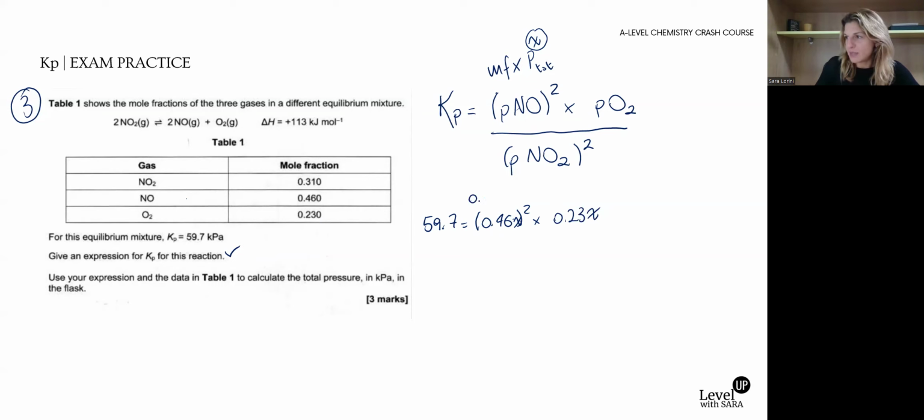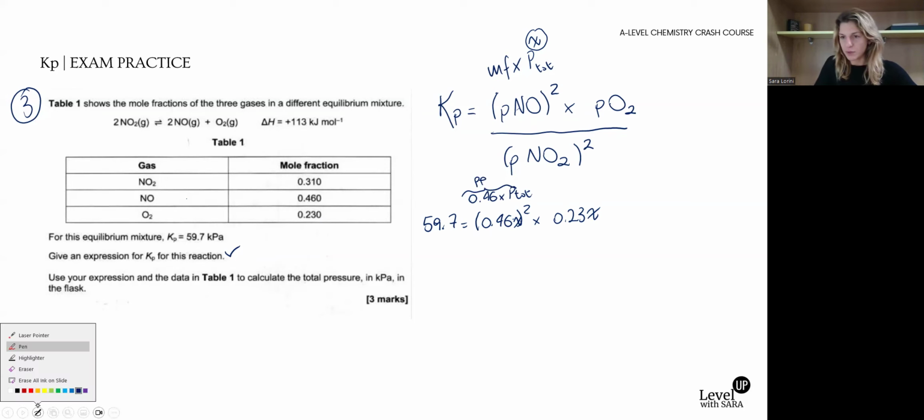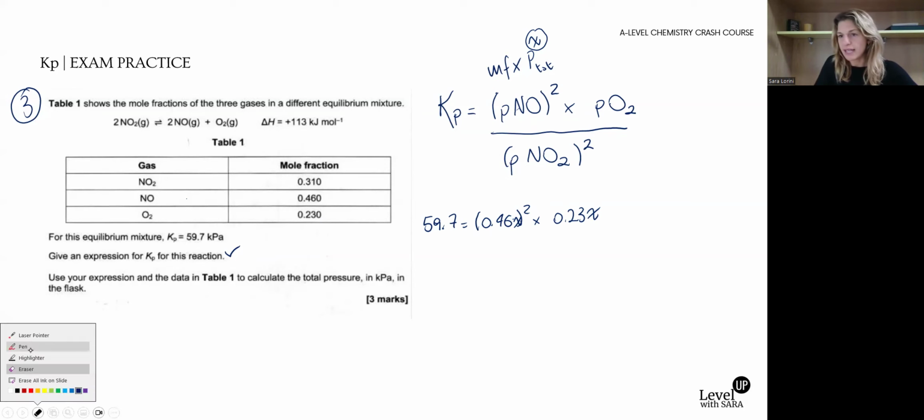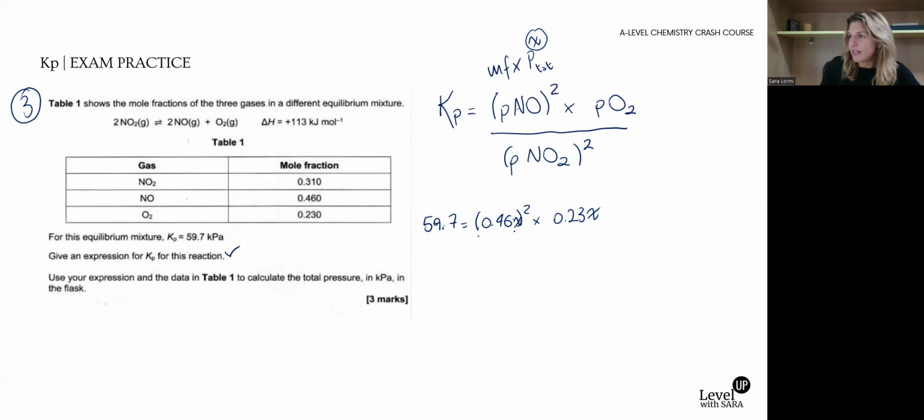Okay, remember that this means 0.46 times by the total pressure, because we know that this is the partial pressure. Okay, so I hope it makes sense where we got that x and what that x means. Okay, and divided by, what do we have at the bottom? We have 0.31x to the power of 2.